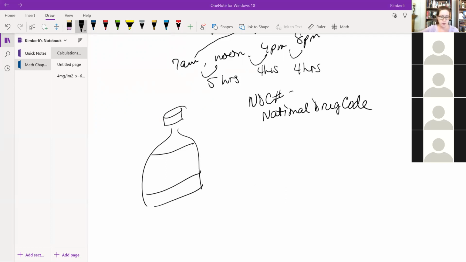Okay, so the National Drug Code has 3 sections. So in this case, it's 49035, 604, and I'm going to have to do what I do at work when a number is too small to read.